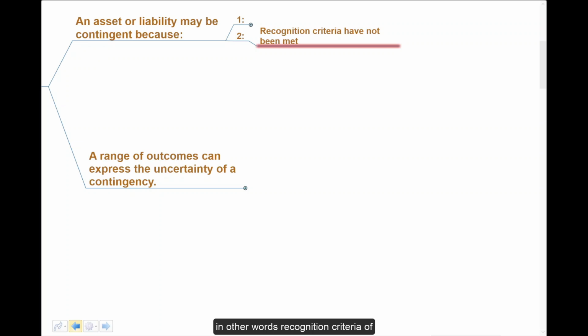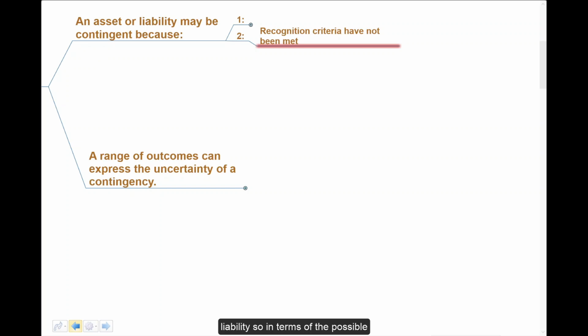In other words, the recognition criteria of the above: present obligation, future economic benefit, reliable estimate, etc. You'll recall we went through that above. So on that basis, it's contingent. There's a little bit of uncertainty there. It could be an asset, in other words positive, or it could be a liability.